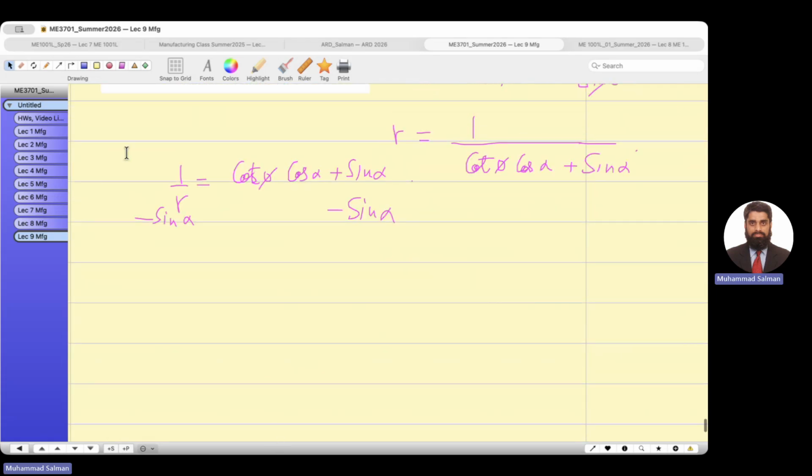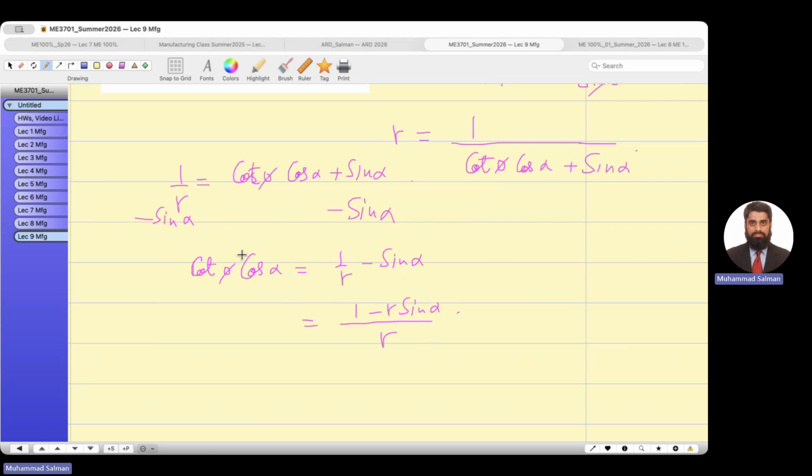Cot phi cosine alpha equals 1 over r minus sine alpha, or you can further simplify this to 1 minus r sine alpha.